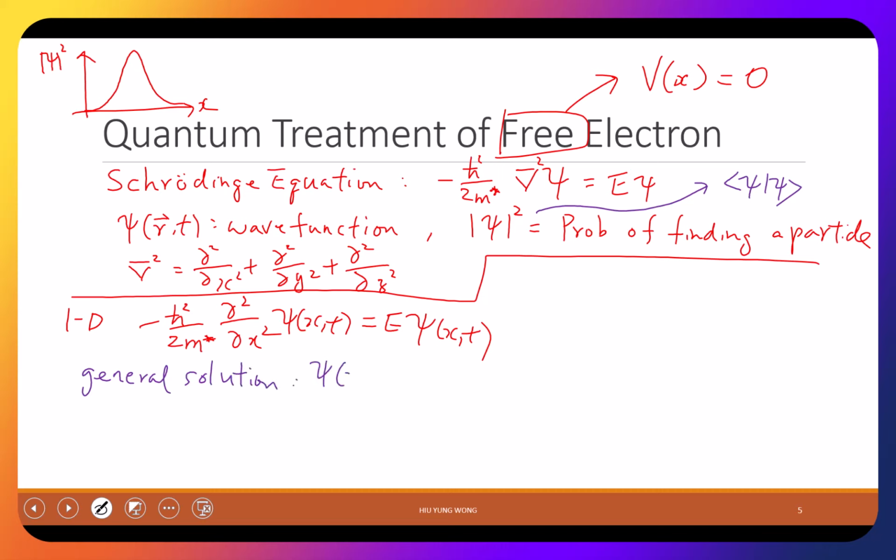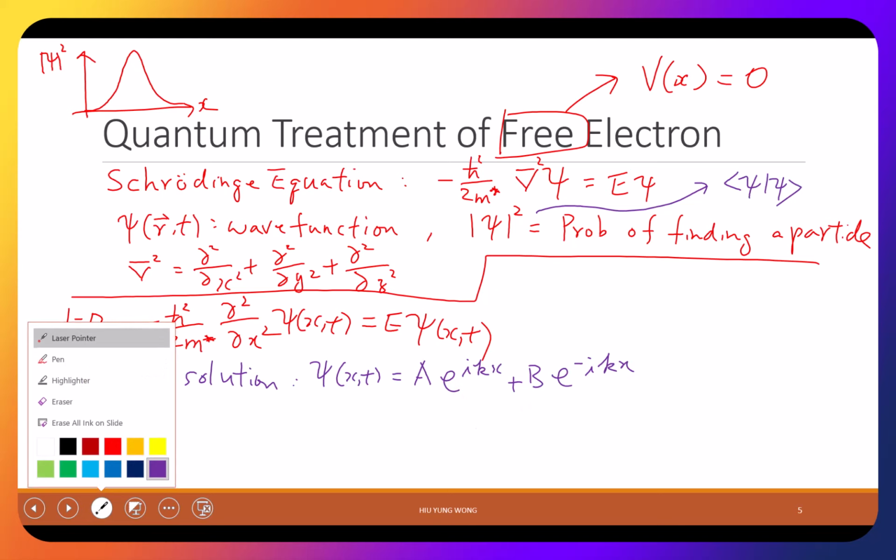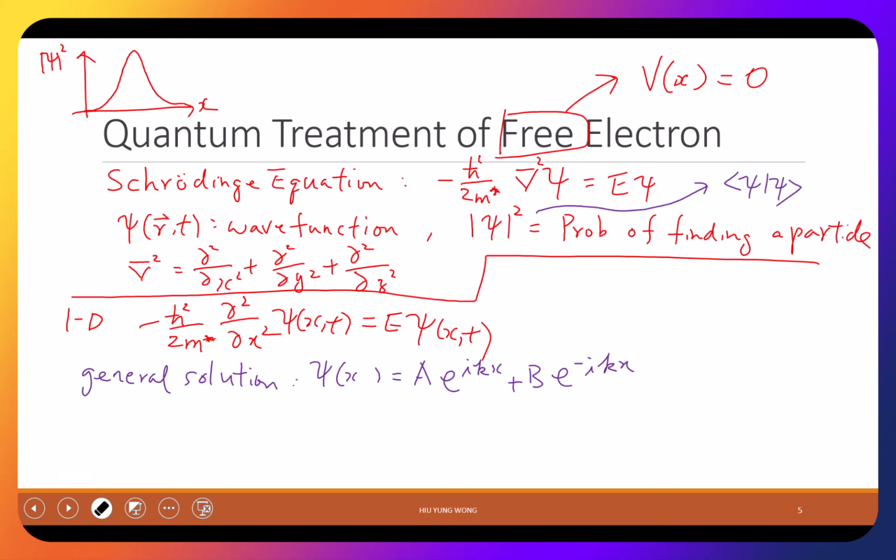is psi of x equals a constant A e to the power ikx plus B e to the power negative ikx. Actually, sorry, I'm not going to include the time factor here. We actually don't have the t, I'm sorry, because we are doing a time-independent one.